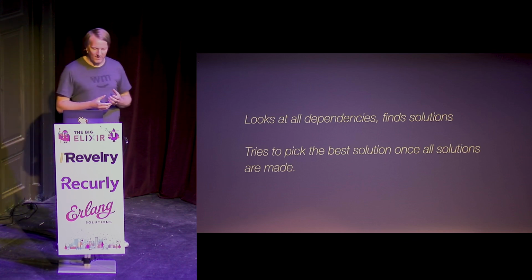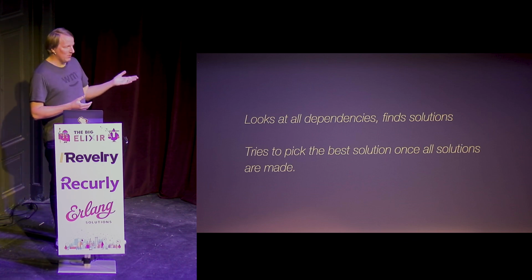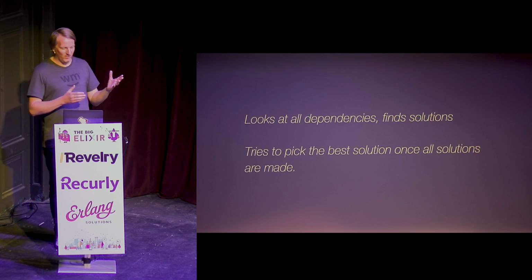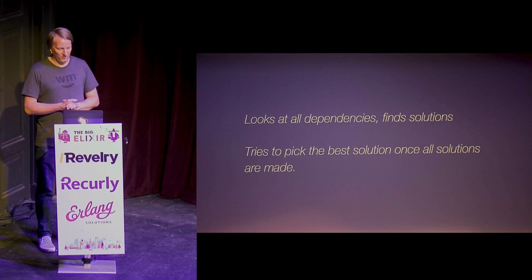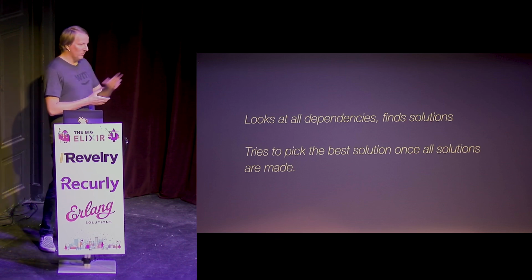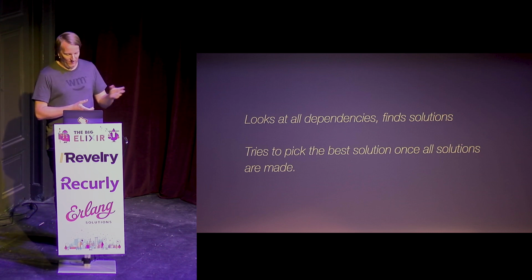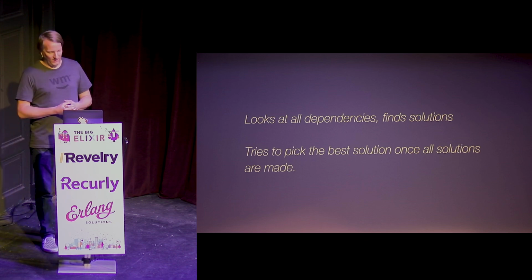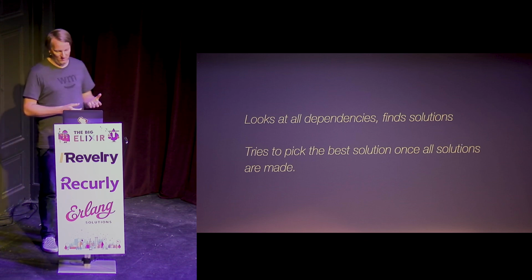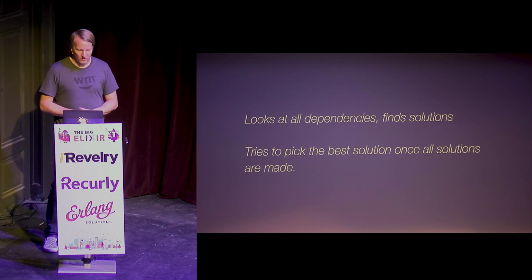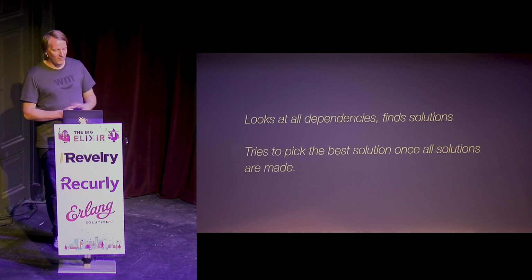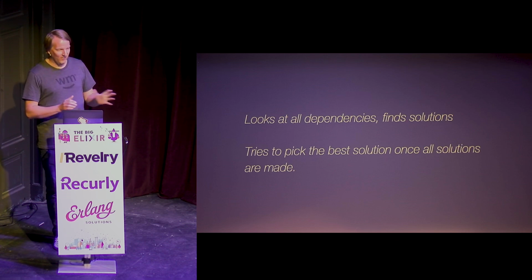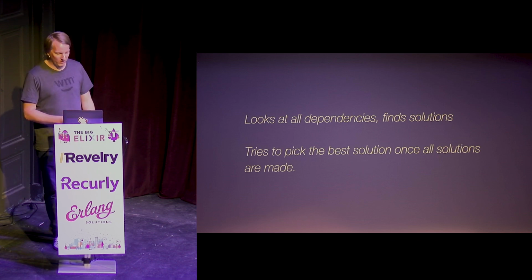And so the way it does that is it looks, is this a top-level dependency? So is this one that you've directly declared? And if so, it tries to use that. Is this from one of the children of those dependencies? And if so, it tries to use that. And if all else fails, it tries to find the solution that has the fewest dependencies. So if you're really interested, this is a 500-line file that contains one function that is really, really crazy. But this is really how it resolves itself.